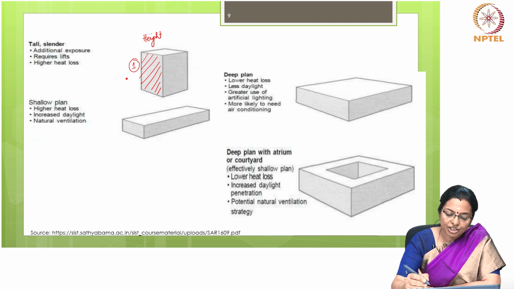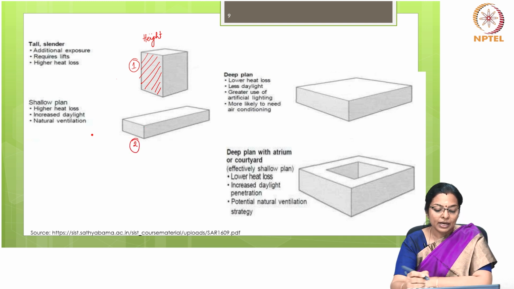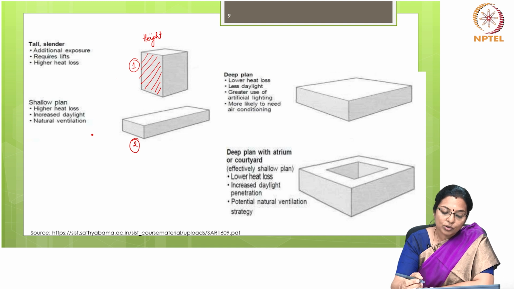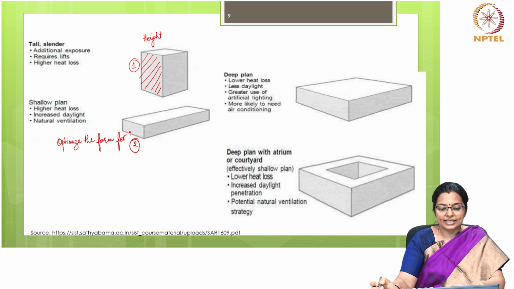Then if we look at a shallow plan in this case too, a shallow plan can also have higher heat loss. It has increased daylight and it has more scope for natural ventilation. So, you need to optimize the form for these following aspects.